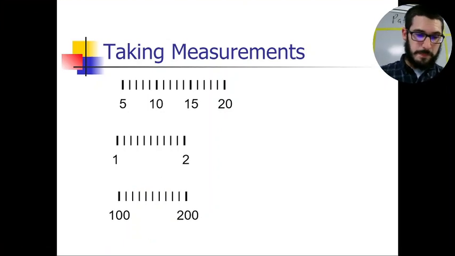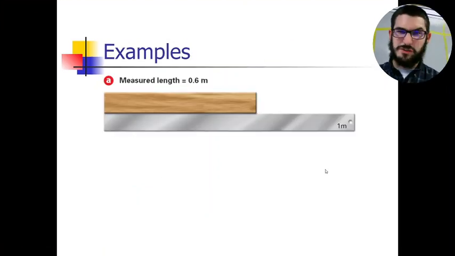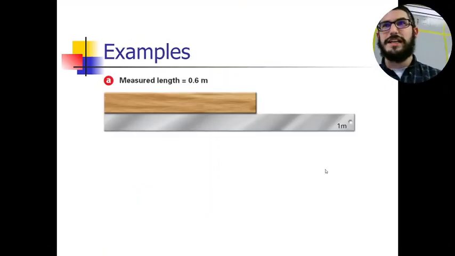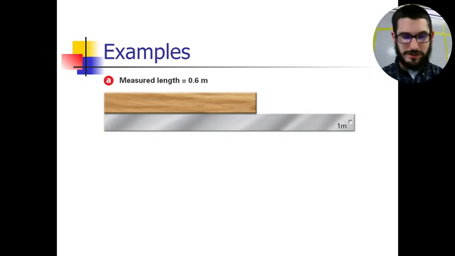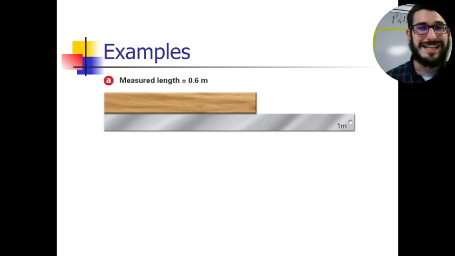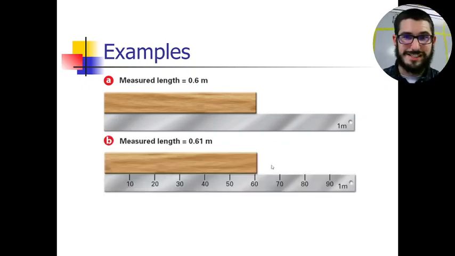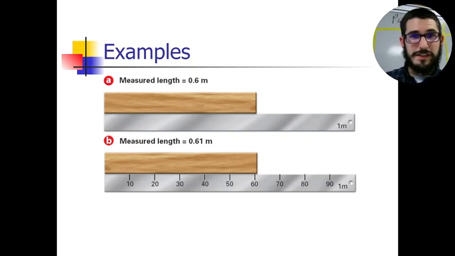Okay? So then let's look at a ruler here. If I only have this one graduation at 1 meter, then it's a little over halfway, so I could say 0.6 meters, but I can't be any more precise than that. If I've got a slightly more precise ruler, then this is where I could get one more decimal place, so 0.61 meters.